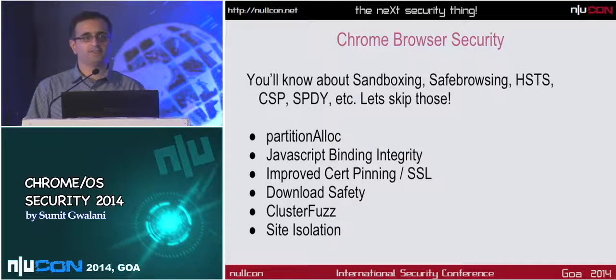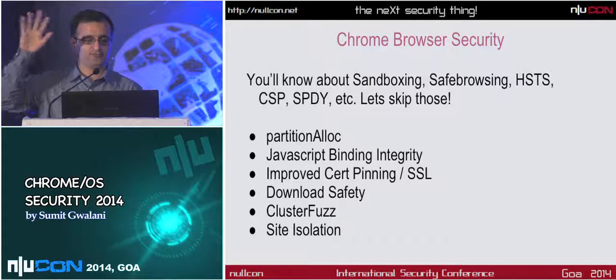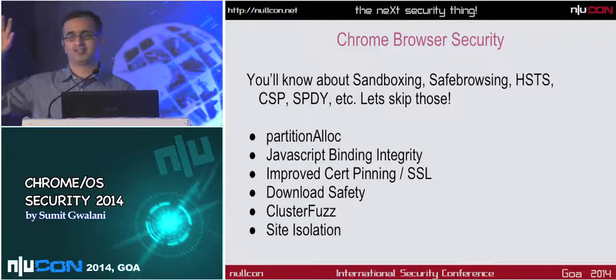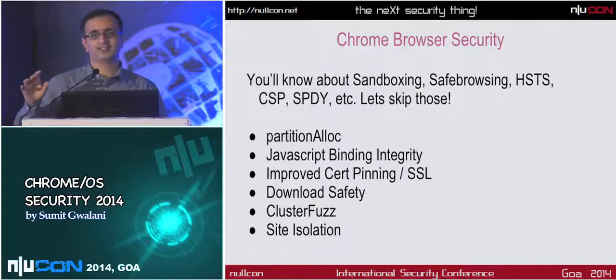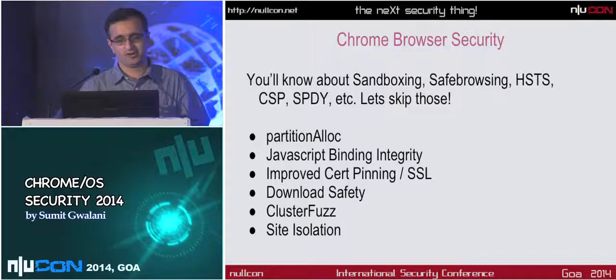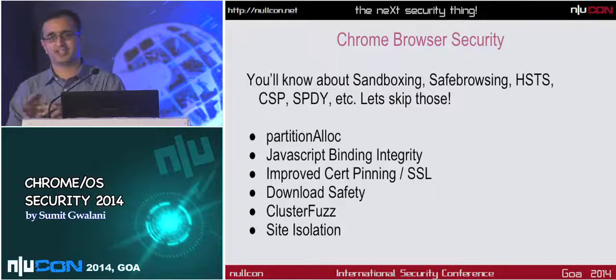Just to get a show of hands, how many of you understand these terms, HSTS, CSP, SPDY? I see a few hands, okay. So I will try to give a quick one-line summary. Strict transport security ensures that you're actually forcing HTTPS over certain pages.